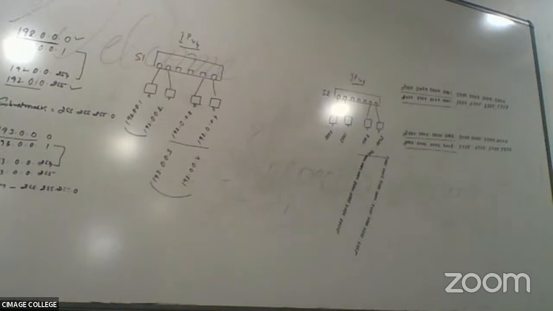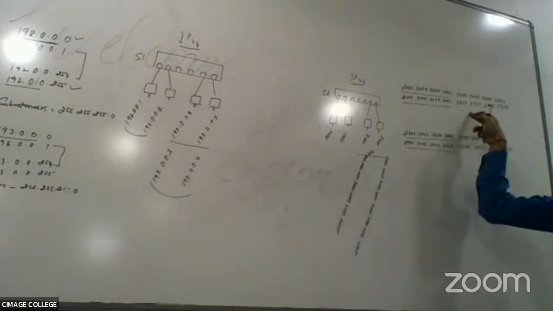Now, the same case should happen here. Same case should happen here, right? The first network is based on, and the second network, right? Okay. I think you are getting it. F, because this is the last value.